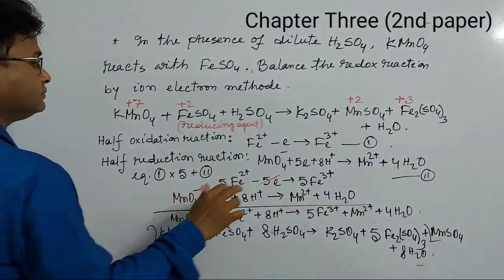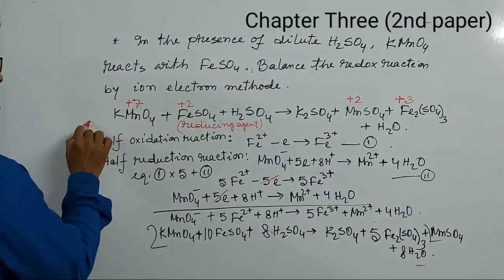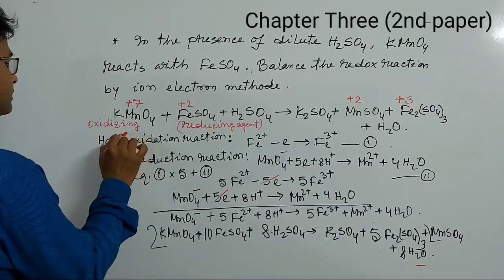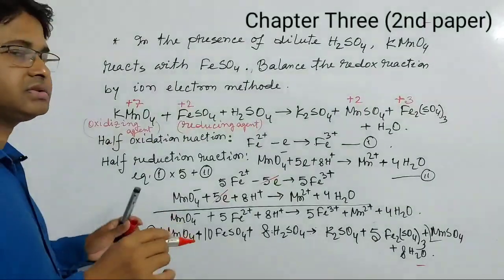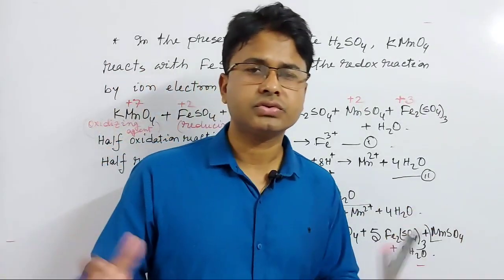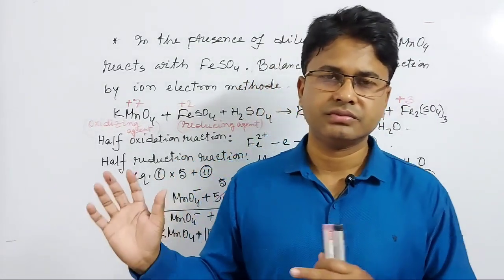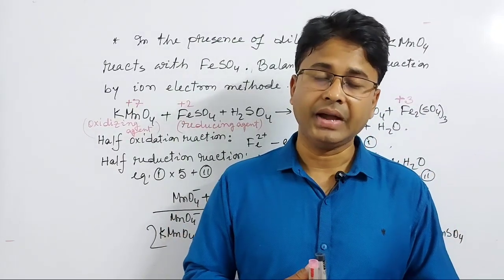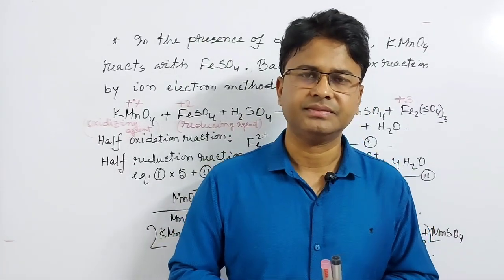And permanganate ion accepts electron, potassium permanganate is an oxidizing agent. So dear students, those two reactions are very important, and those balancing reactions you have to learn by the ion electron method, because it will be mentioned in your question.